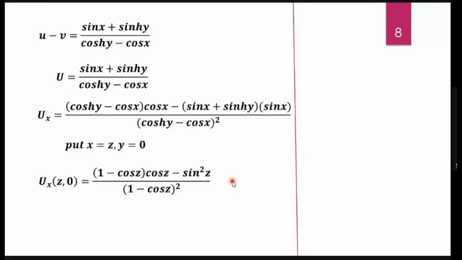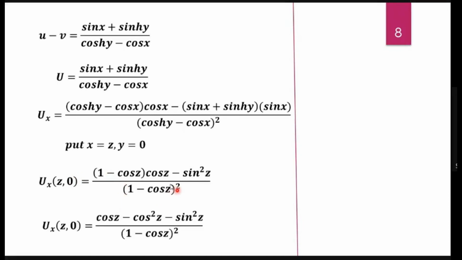Now simplify. Why do we need to simplify over here? Because we have to integrate it in the end. So try to get a simplified form so that integration becomes easy. Now open the bracket. I'll write cos z minus cos square z minus sin square z upon 1 minus cos z the whole square.